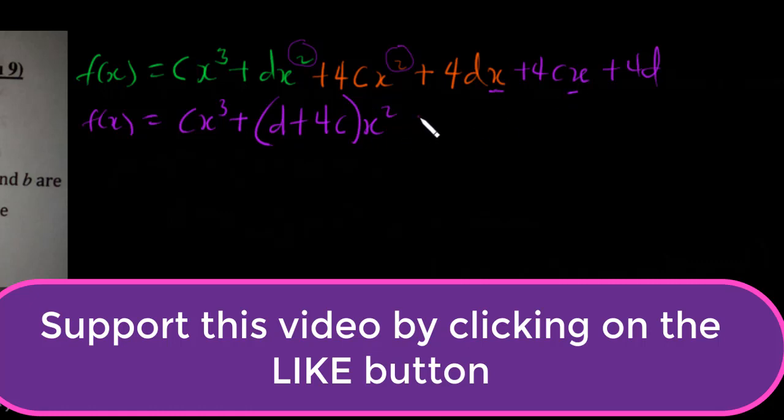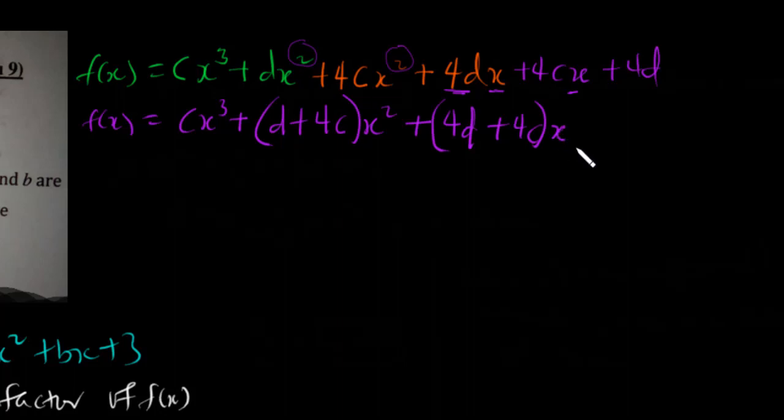So we are going to have 4d plus 4c, times x, and the last one has no term in x, that is x to the power 0. Here we have 4d. All right, so that is what we will have for the function, and this should be equal to the function that we were given.